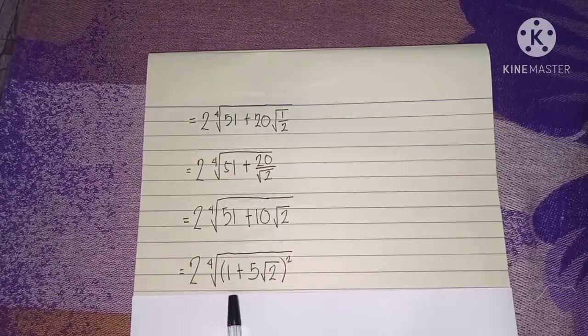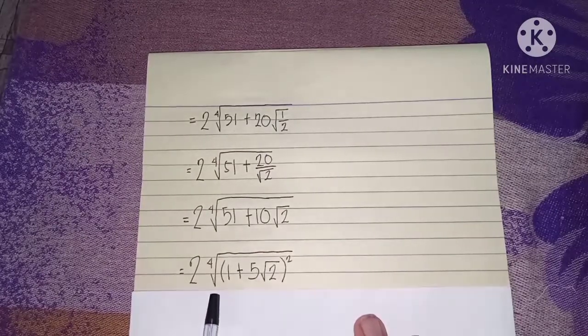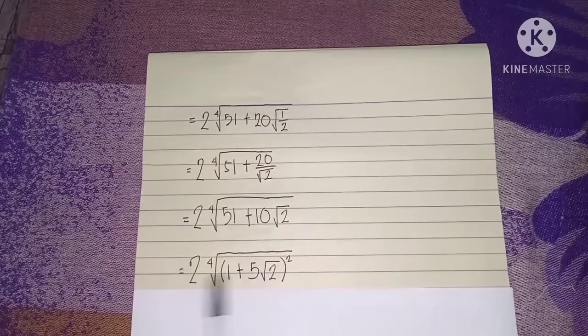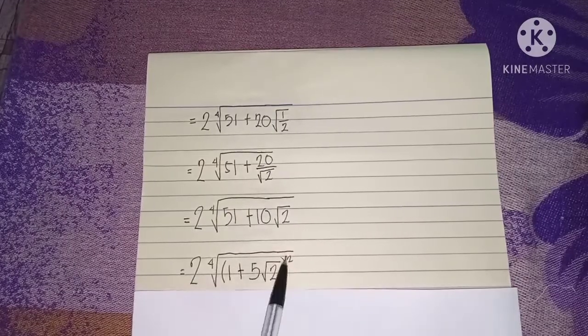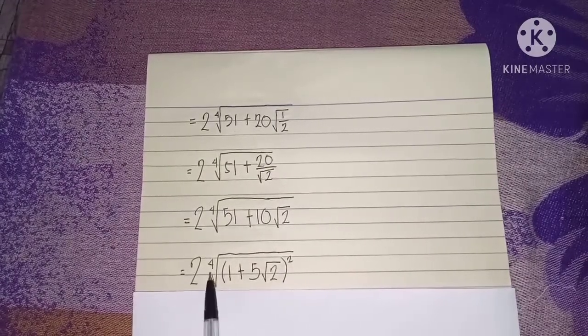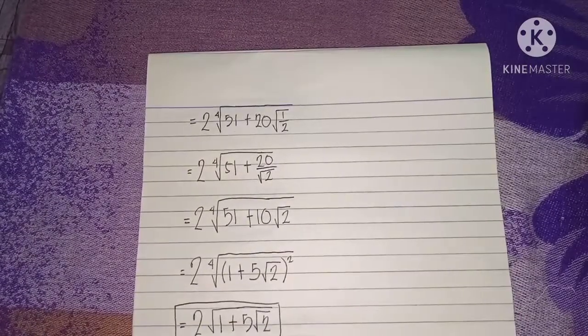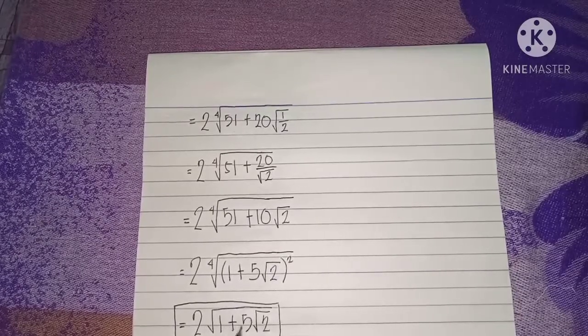So we have to get its factors in this, and we will cancel the squared and the fourth root. So the fourth root will become square root. So here's our final answer: 2 square root of 1 plus 5 square root of 2.